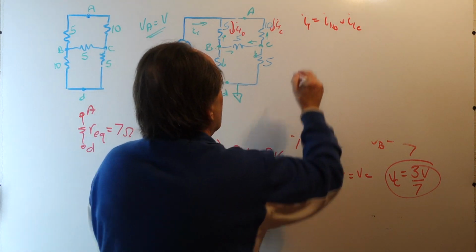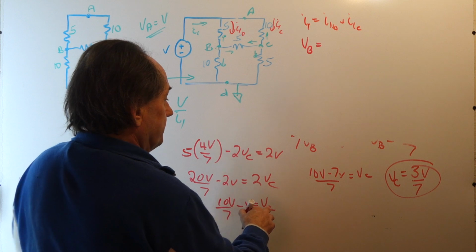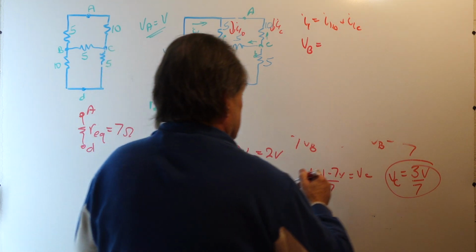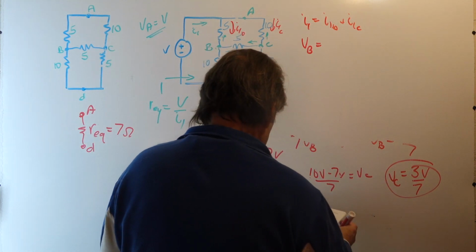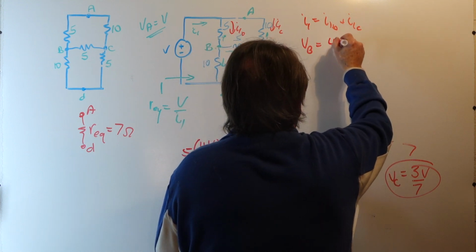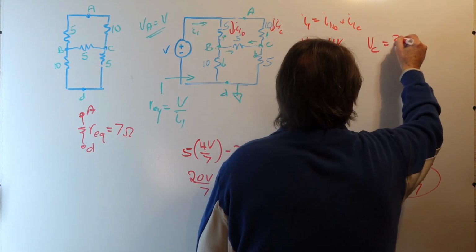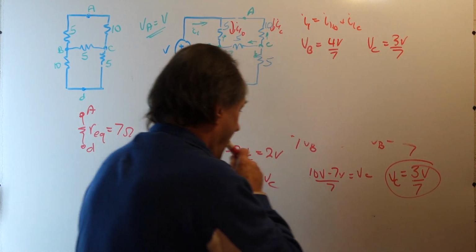And we know now that V at B, we just determined, is 4V over 7 and V at C is 3V over 7.